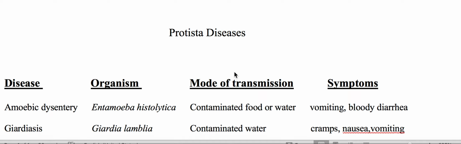If you eat it or drink it, like we have said in the past, you are going to have digestive issues such as vomiting and diarrhea. The diarrhea tends to be bloody. This is an amoeba that can also cause rapid weight loss. It's not self-limiting.